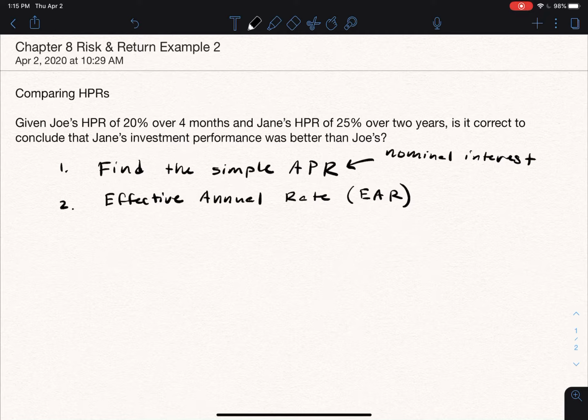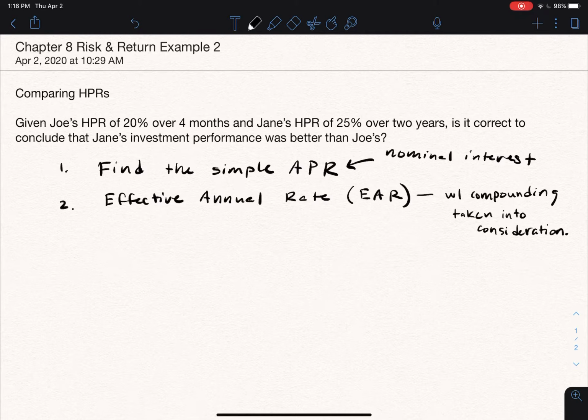And so the effective annual rate is the annual rate quoted with compounding taken into consideration, which is very important, right? We've come to learn that compounding plays a significant role in the world of finance, okay? And so that's what this next step asks us to do.